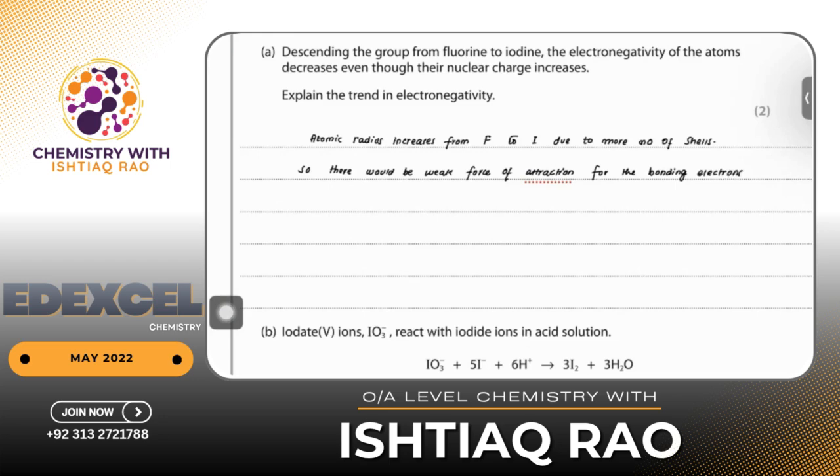Like I want to say this one. It would be just like that. Partial negative, partial positive. Why? Because it's more electronegative. Or can we just say that shielding increases? Yes.